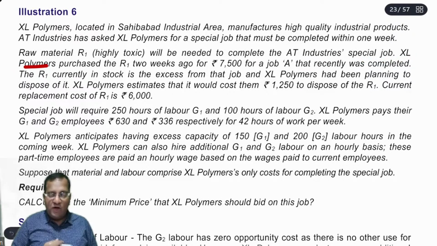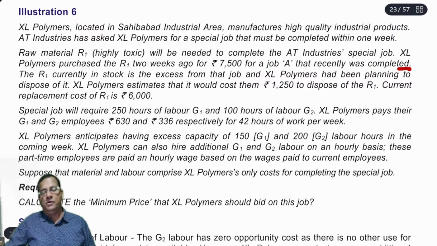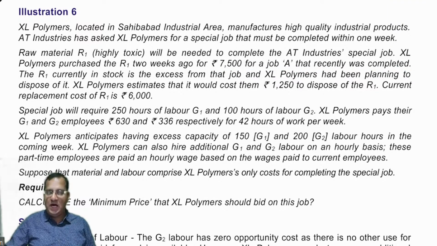Excel Polymer, that is our company, purchased raw material R1 two weeks ago for 7,500 for a job that was recently completed. We had already purchased raw material R1 two weeks ago for a different job, known as A, that was already completed.